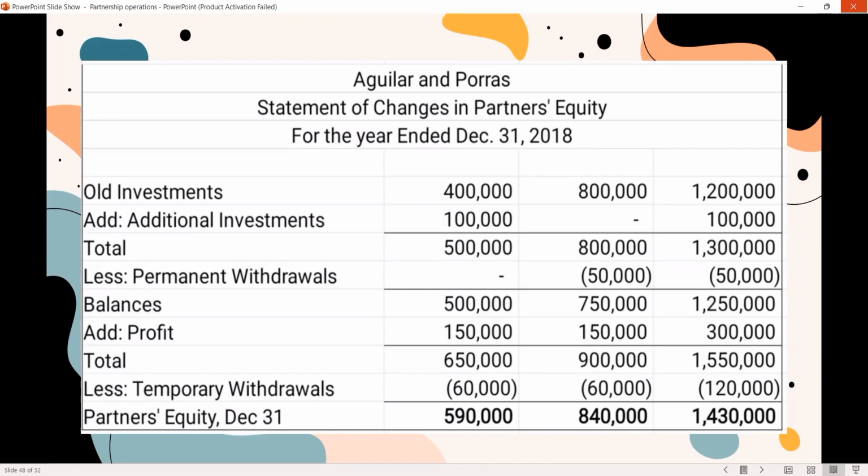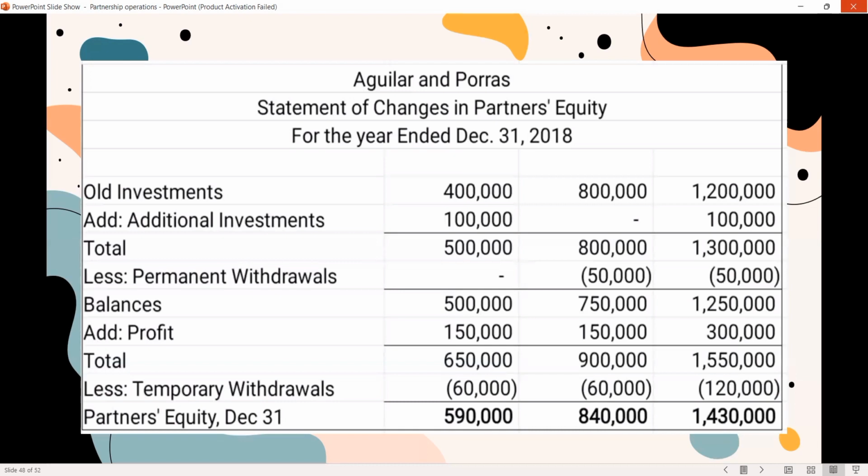Tapos, nagkaroon sila kanina ng profit na 150,000 each. So, naging 300,000 yung profit. So, in total, yung profit in total ni Aguilar is 650,000 tapos 900,000 naman kay Porras.